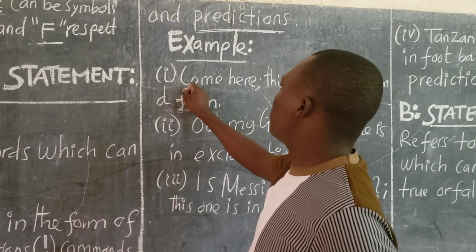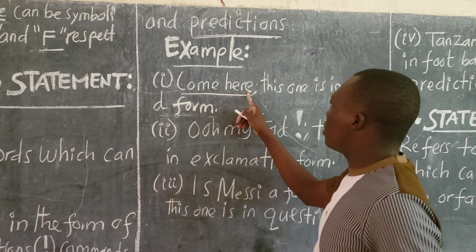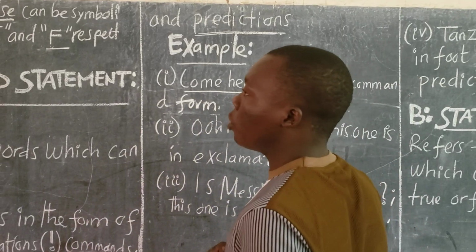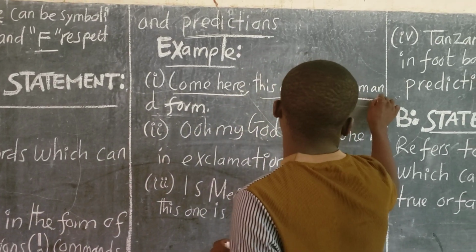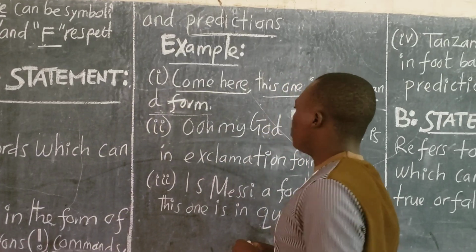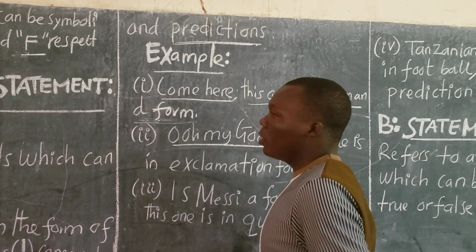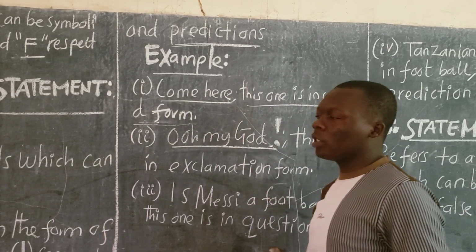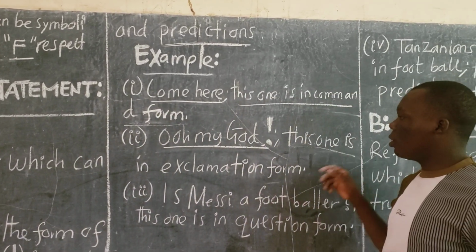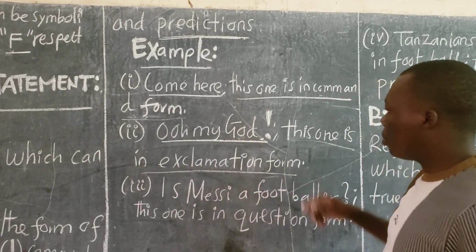Example, we have "Come here." Come here is a sentence which is in command form. But also we have "Oh my god," an exclamation. This is a sentence which is in exclamation form.